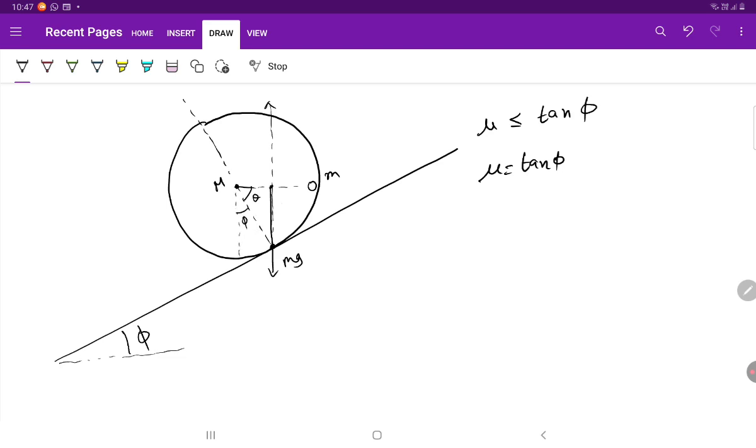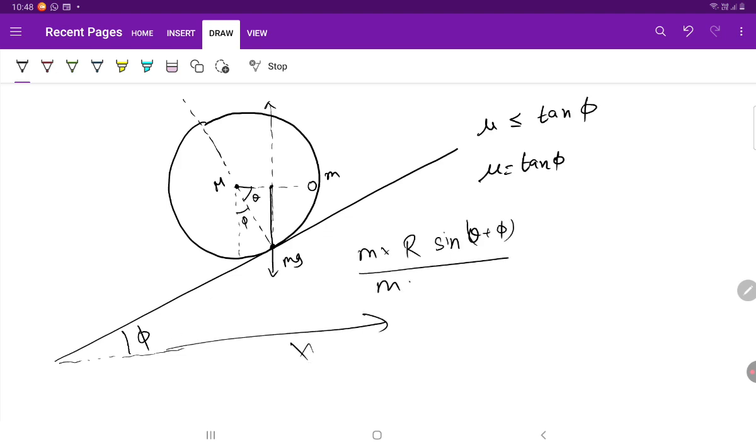So geometrically, the x coordinate of the center of mass, considering along this x-axis, is m r sine(theta plus phi) by (M plus m), which is equal to r sine phi, if this is the origin. So this distance is m into r sine(theta plus phi) upon (M plus m), which equals r sine phi.